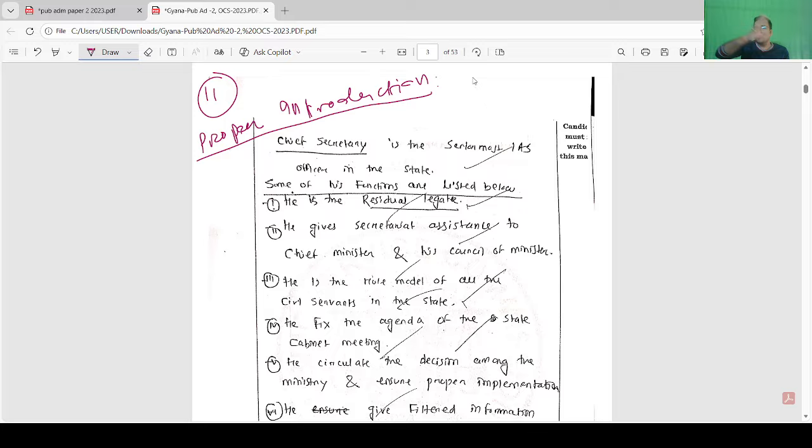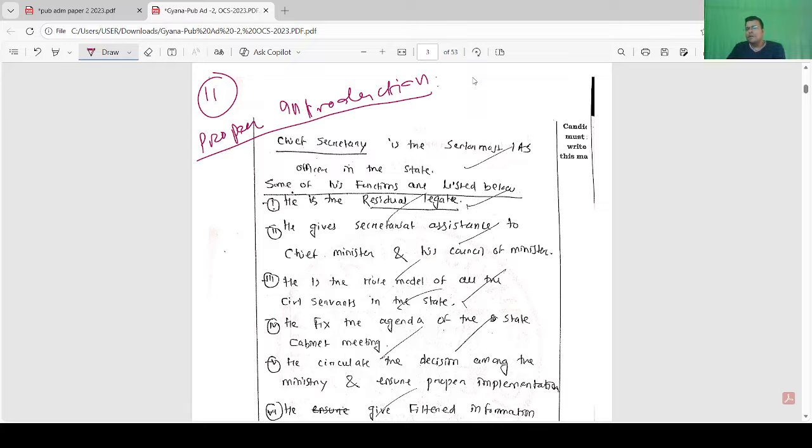One part is policy formulation, another is policy implementation. The policy formulation part is known as the secretariat and the implementation part is the directorate, and the most important secretariat organizations are the cabinet secretariat, central secretariat, PMO and state secretariat.